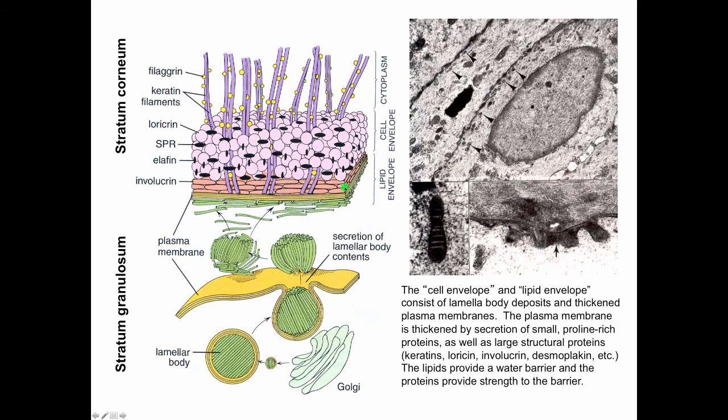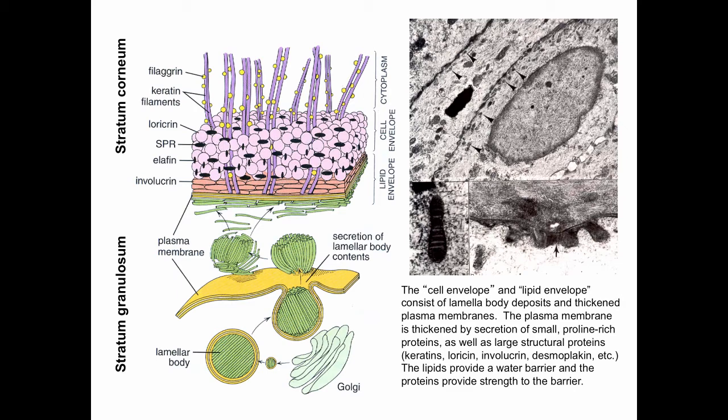And then there's a cell envelope that's forming within each of the squames of dead cells that's going to involve various lipids and intermediate filament-type proteins like filaggrins and various keratins. And the point I just want to make is the cell envelope and the lipid envelope consist of lamellar body deposits and thickened plasma membranes.